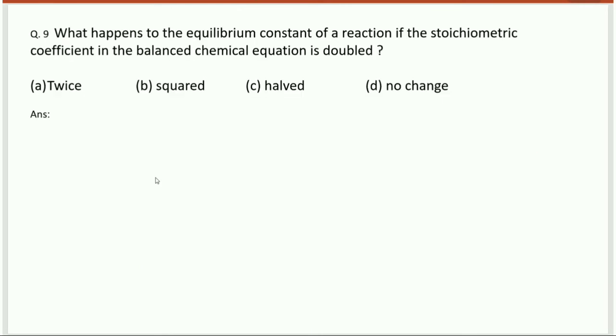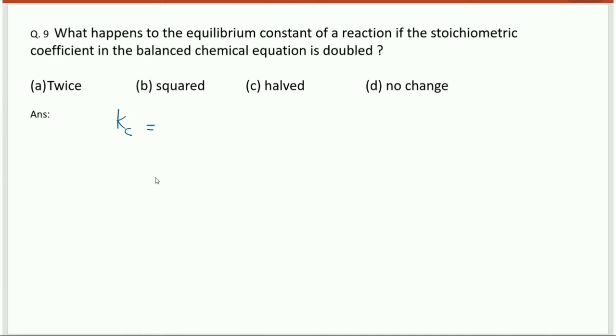Now ninth question, what happens to the equilibrium constant of a reaction if the stoichiometric coefficient in the balanced chemical equation is doubled? So A option twice, B squared, C half, and D no change. The equilibrium constant Kc is equal to the concentration of the product divided by concentration of the reactant.